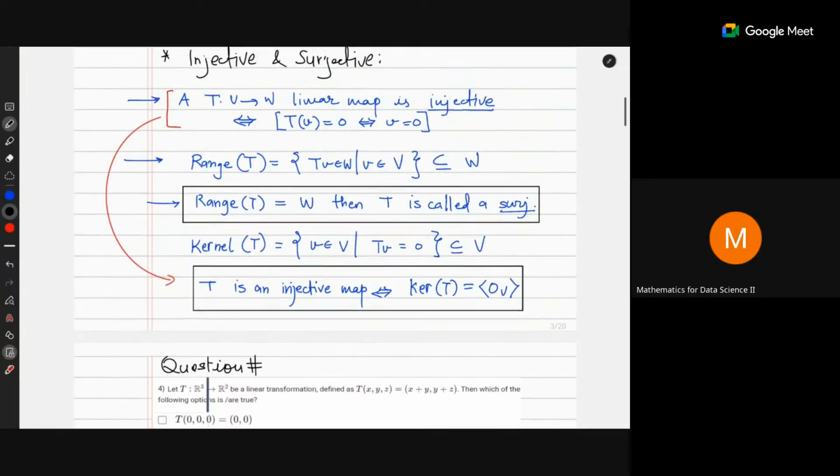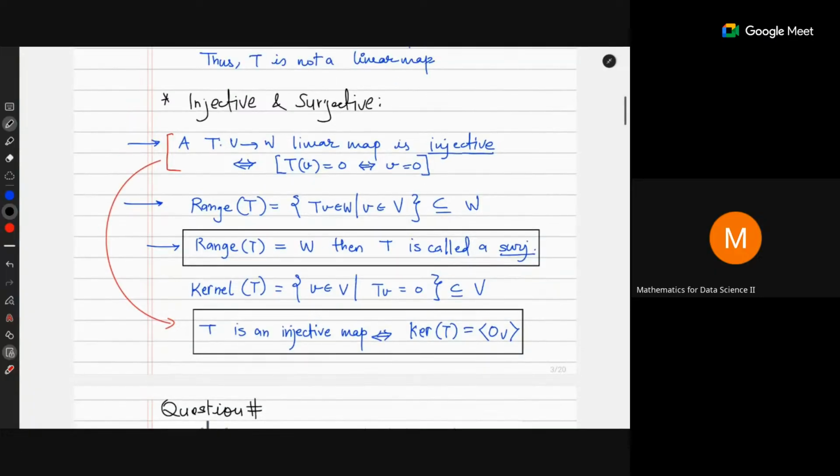Sir, I didn't understand how we are saying surjective. So surjective is the same as your range. You understand the range, right? You will get this PDF, I upload it on the live session notes. So range is a subset of W. This is clear to you, right?